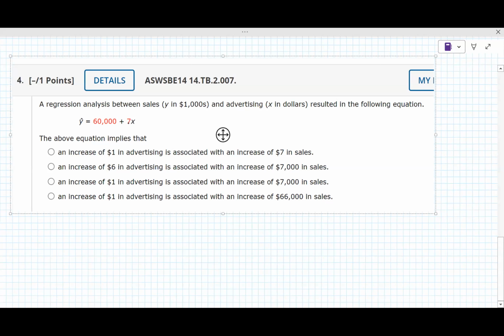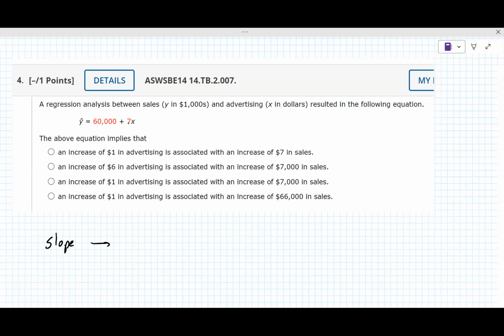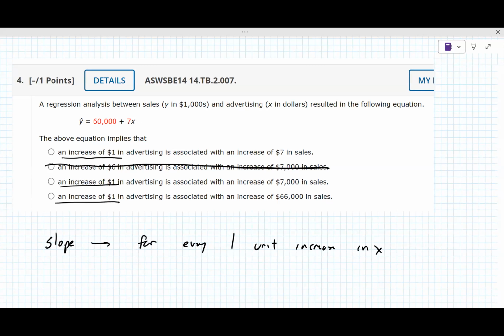The slope is always described like this: for every 1 unit increase in X, it follows that there is, and then you have to choose increase or decrease, in Y. It's based on the sign of the slope. Since the sign of the slope is positive, they all say increase.